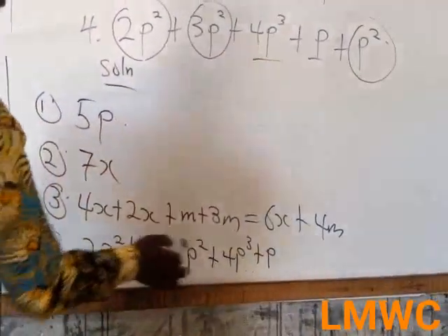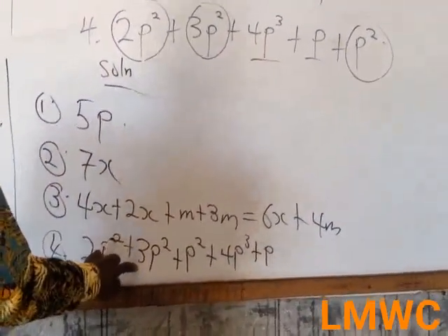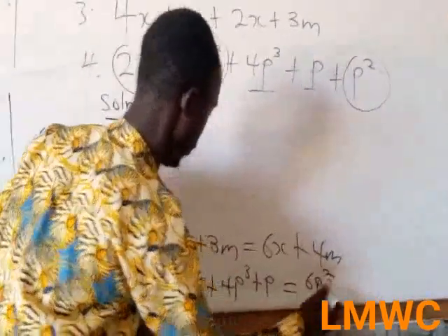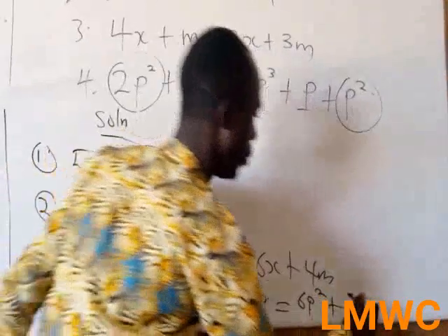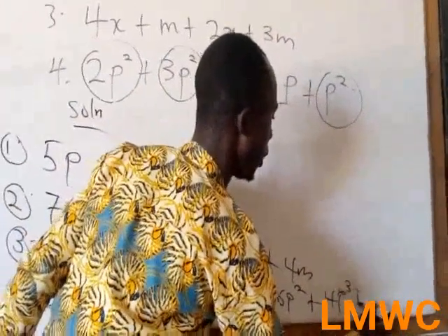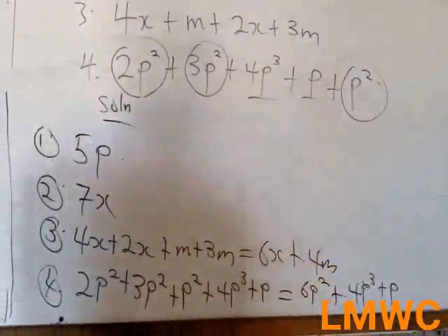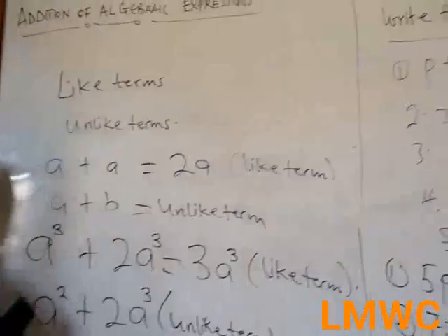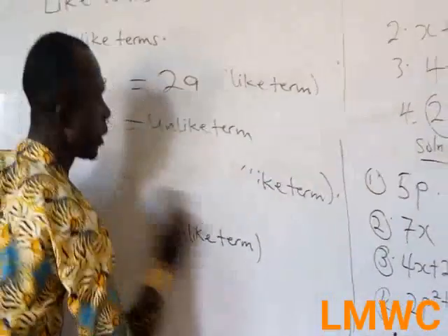You can add the like terms. This plus this is 5p squared, plus p squared is 6p squared, plus 4p cubed plus p. That's the answer. So that's for addition of algebraic expressions. Let's move on to subtraction of algebraic expressions.